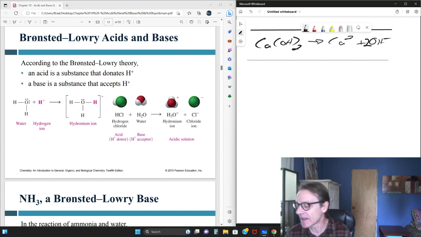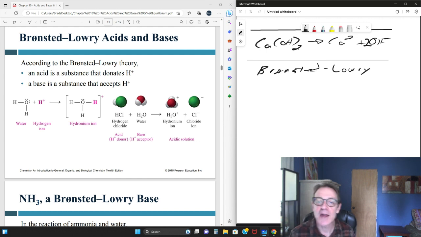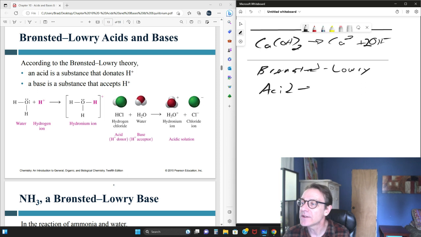Bronsted-Lowry are the ones that we use much more frequently. Bronsted, I guess, must be Swedish. Okay, so that's an international subject. So, acids and bases. In this case, a Bronsted-Lowry acid is something that donates a proton.